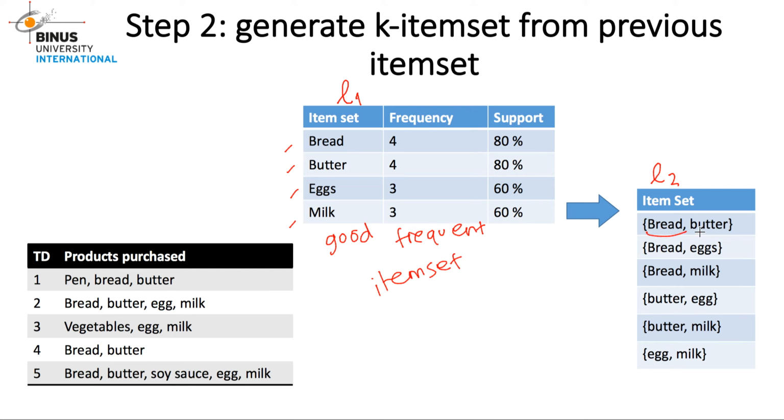For example, bread and butter, and then the second combination is bread and eggs, and then bread and milk. Okay, so how about the next combination?